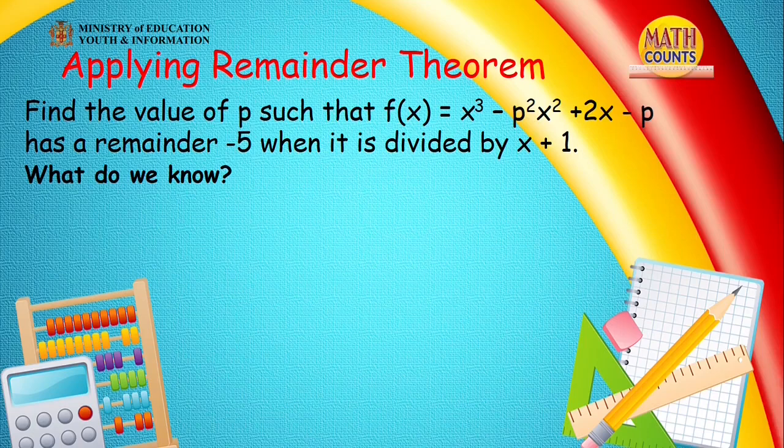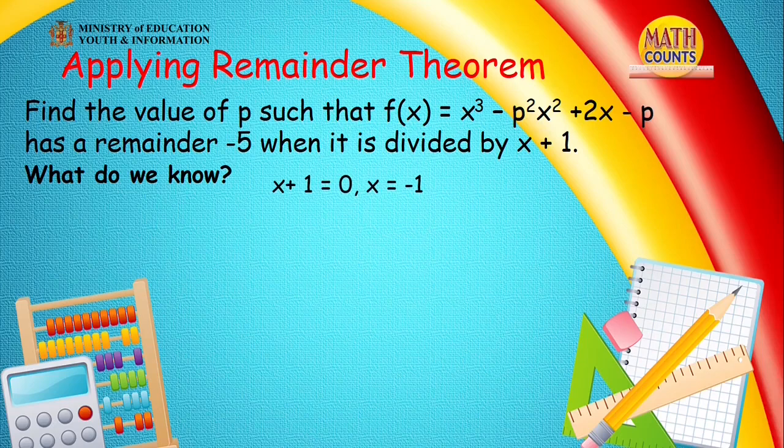So, what do we know? Based on remainder theorem, we start off by equating our divisor to 0 and solving for our variable. So x plus 1 equals 0, which gives us x equals negative 1.